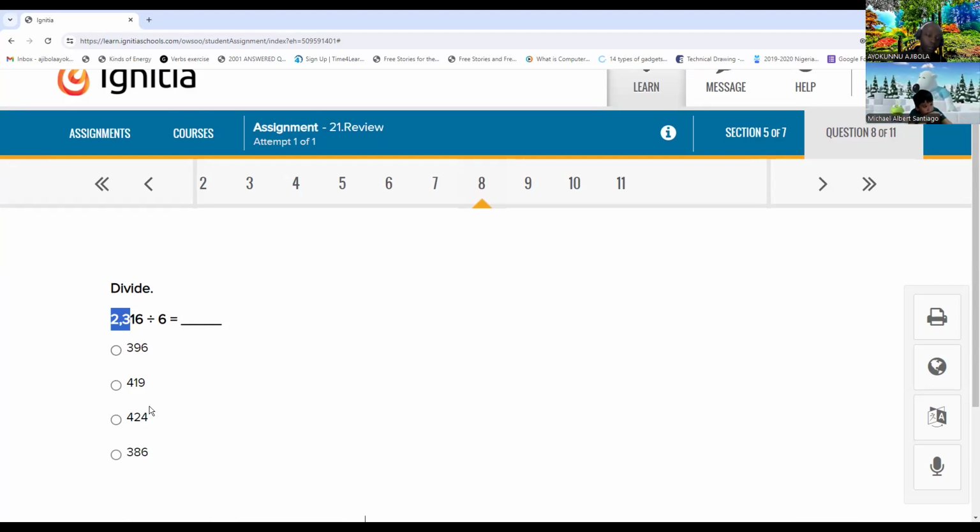The first and the last option, okay? Now, if you remove 18, you have 5. How many 6 in 51? That's 8. So then it should be the last option, okay? Is that clear? So 2316 divided by 6 is actually 386.